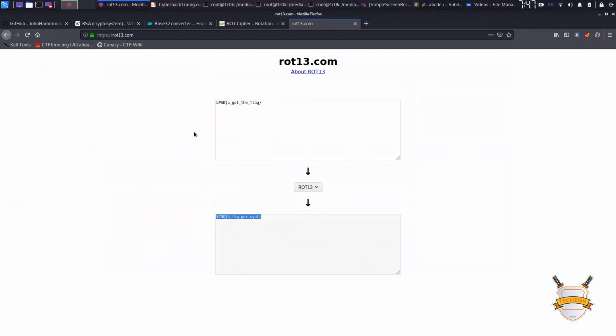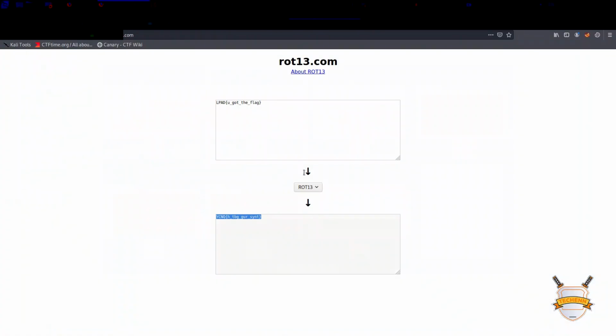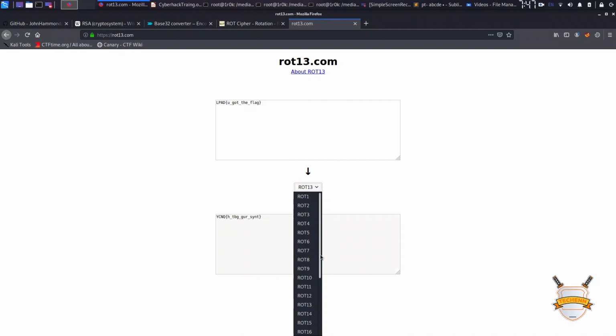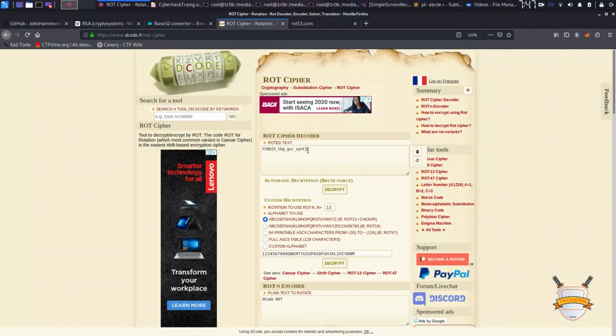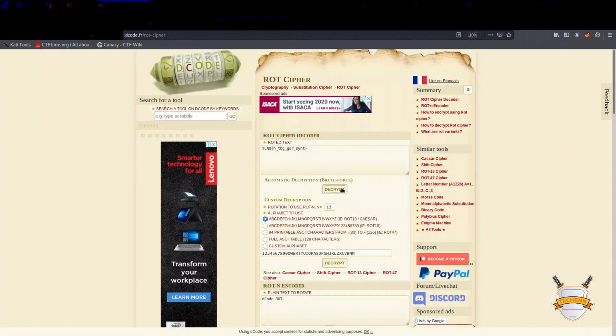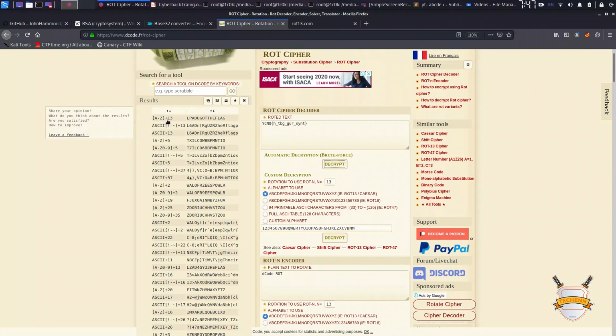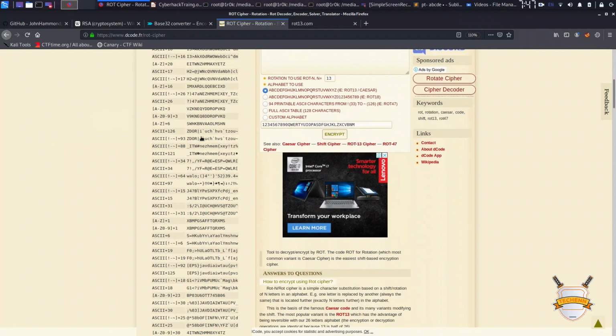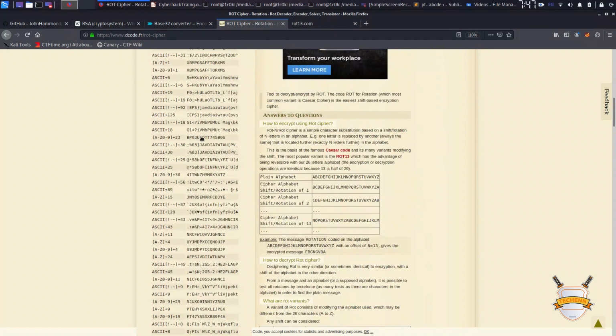You can directly brute force here, or try every key like 14, 7 and so on, or paste your ciphertext here, and it says automatic decryption brute force. It gives you the output of every key. See, plus 13, plus 5 and plus 2, it tries every possibility and gives you all the outputs which are probable for that ciphertext.